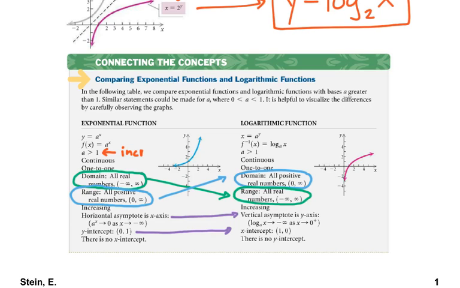So the main point of this is that we're just connecting that a logarithm is the inverse of an exponential function. It's a different way of representing it. Logarithms are a way of counting by powers. Some could even consider a logarithm to be an exponent, just written in a different form.